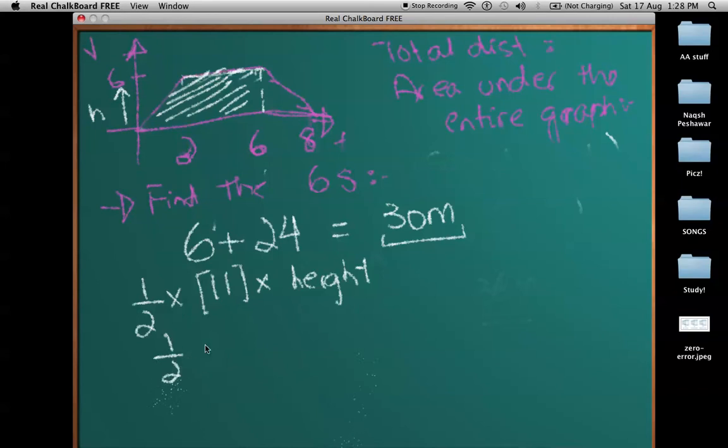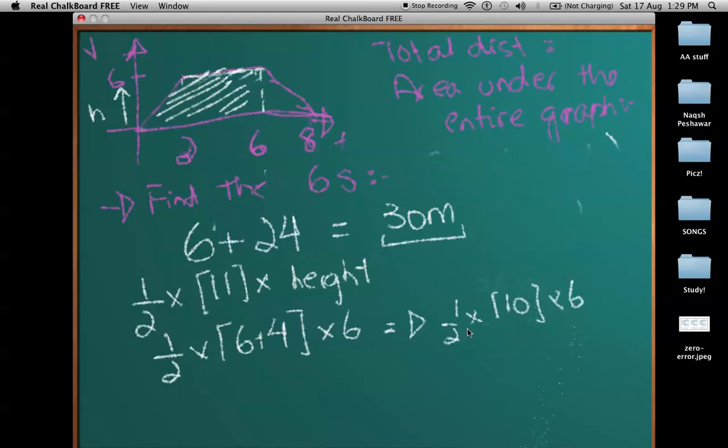The first parallel side is 6, the second parallel side is 4, the height is 6. So this becomes 6 plus 4, 10. So half times 10 times 6, which is 10 times 3, again 30 meters.